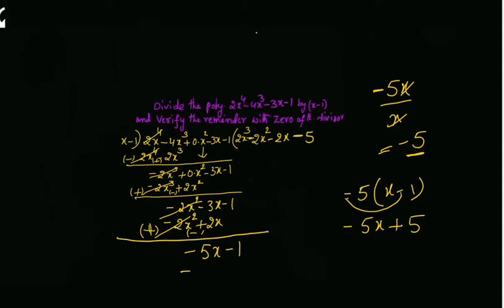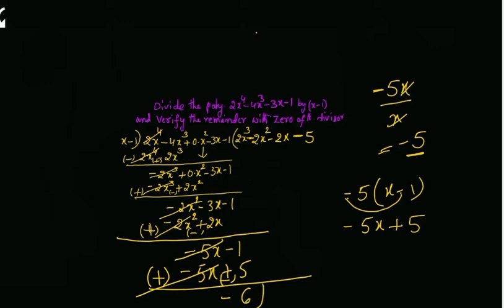After that you have to do the subtraction. It becomes plus and this becomes minus. Minus 5x plus 5x will get cancelled. You will get minus 6. This becomes the remainder. Finally you got the remainder as minus 6. So like this we can find the remainder. The remainder is minus 6 here.